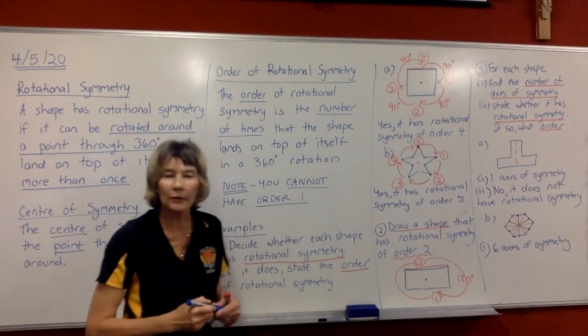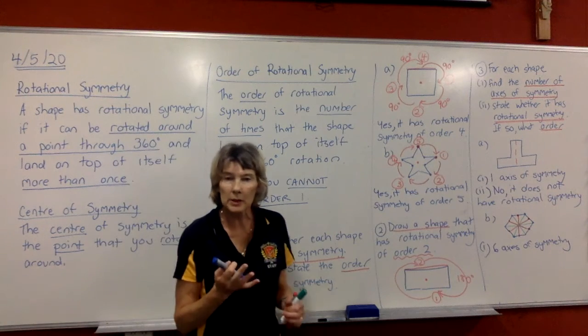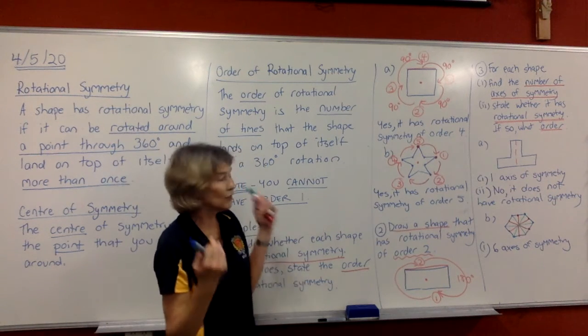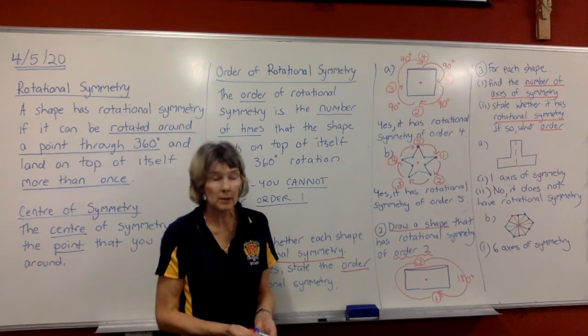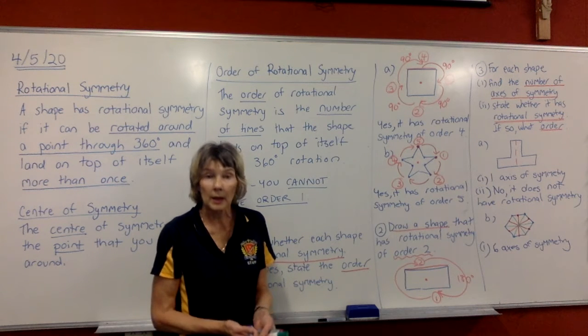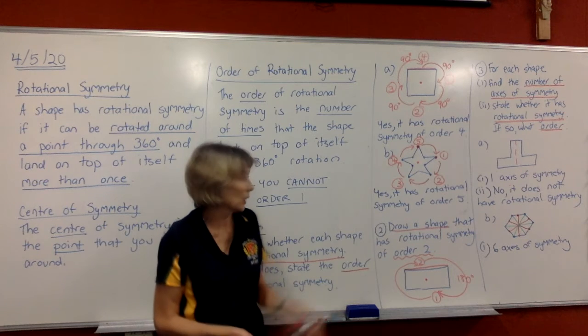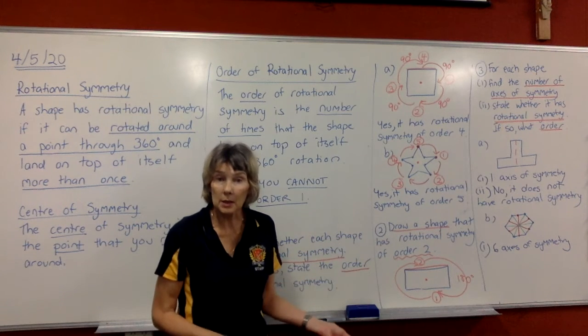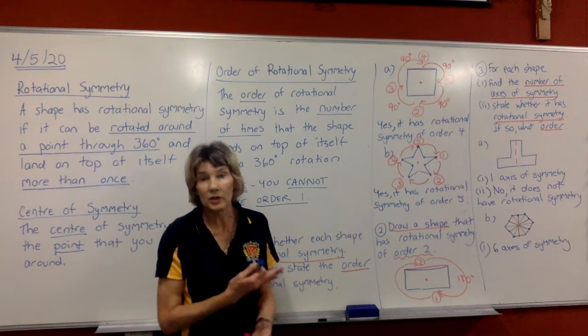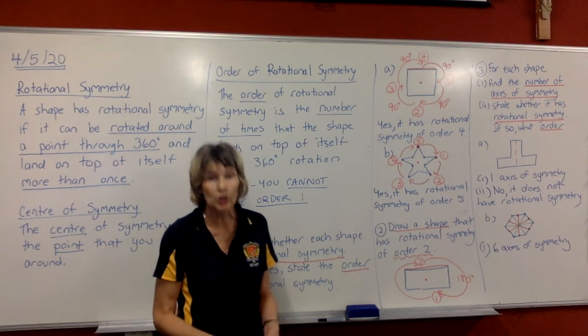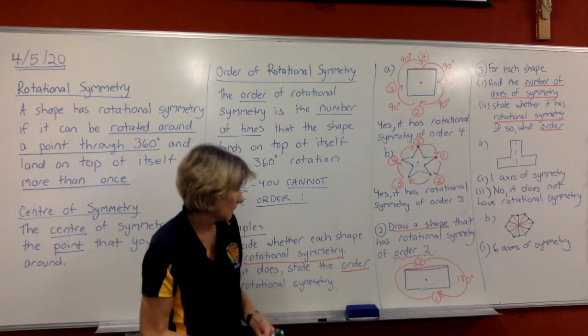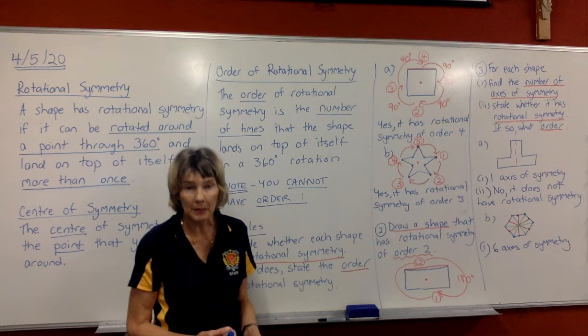If you go back and have a look at some of the other ones we did, I think we did a pentagon on the first video, and the pentagon had 5 equal sides, and so that has 5 axes of symmetry. This one has got 6 sides and it's got 6 axes of symmetry, so it will follow that way on any shape that's a regular shape with all the sides equal. So you've just got to find them and make sure you put them in.